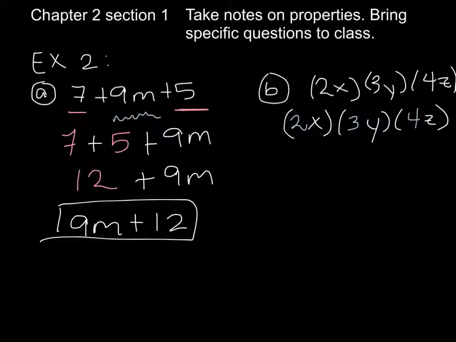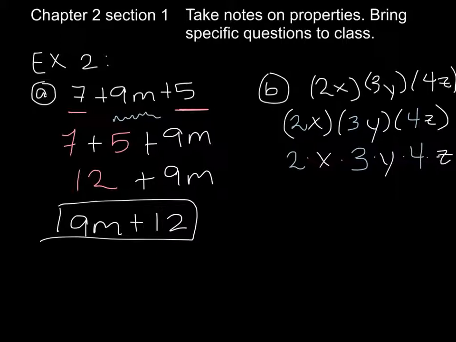Now in the second problem, 2x times 3y times 4z, I'm just going to first highlight each of the coefficients, 2, 3, and 4. Coefficient being the number that is multiplied by a variable. Now what I'm going to do is recognize that in this line, I really have 2 times x times 3 times y times 4 times z, right? So I just have this line of multiplication.